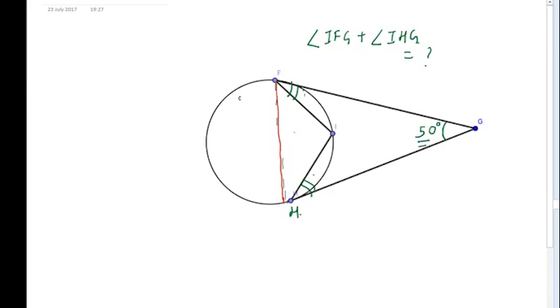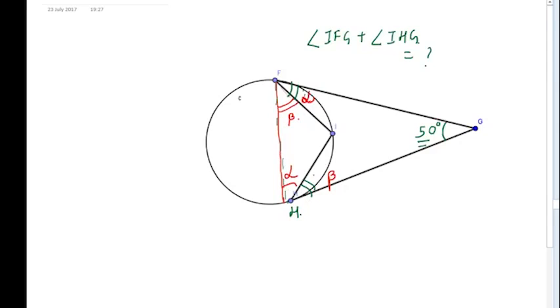and now you use the alternate segment theorem. How? Let this angle be alpha. So if this is a chord and this is a tangent, the angle subtended on the other side would also be alpha. So this angle becomes alpha. Same way, if this is beta, the angle subtended on the other side will also be beta. Okay.